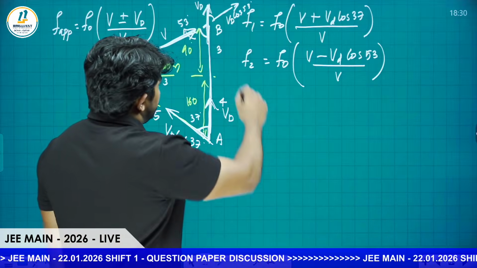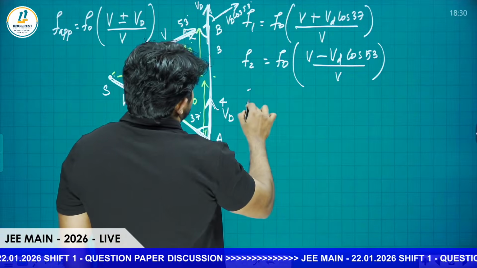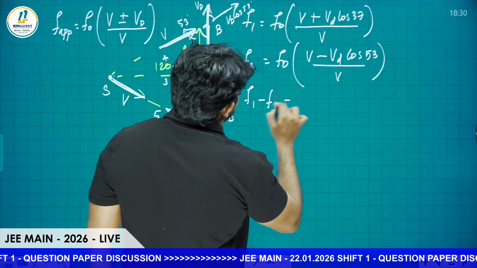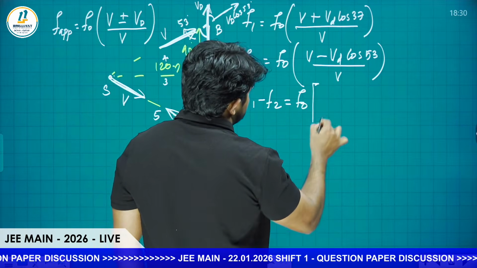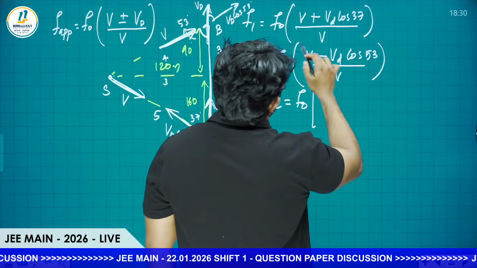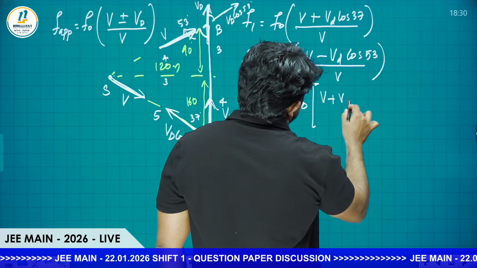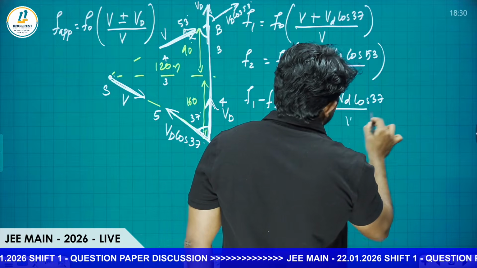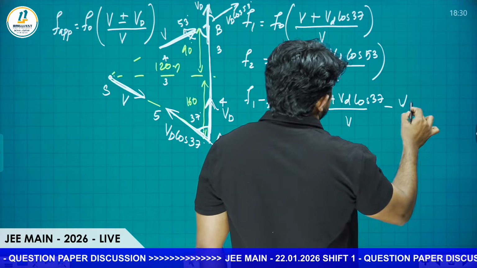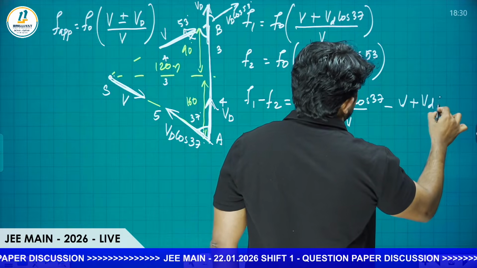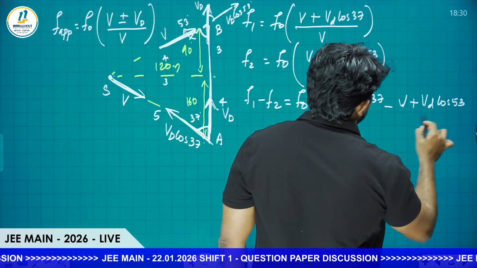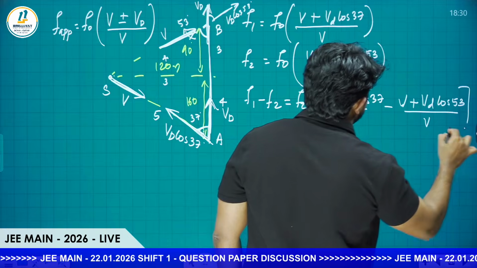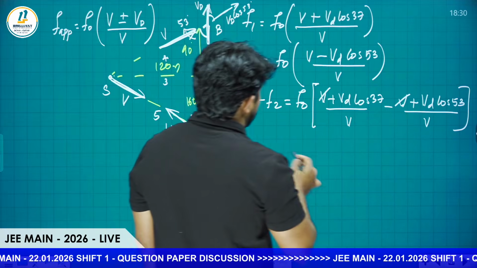So we can subtract these. f1 minus f2 we can take as f0 times (v plus Vd cos 37) minus (v minus Vd cos 53), the whole divided by v. Okay, so the first term will cancel.